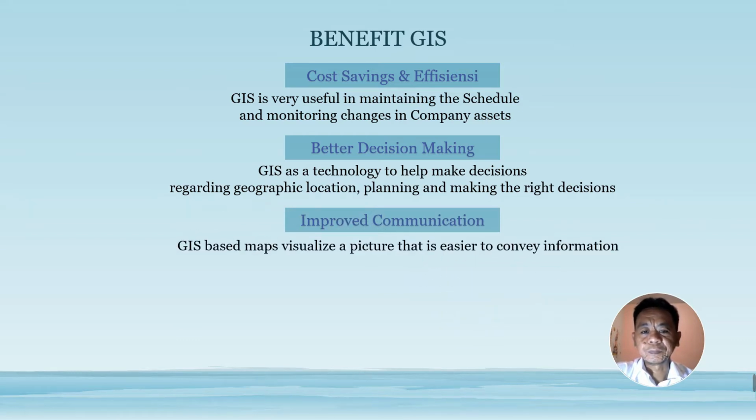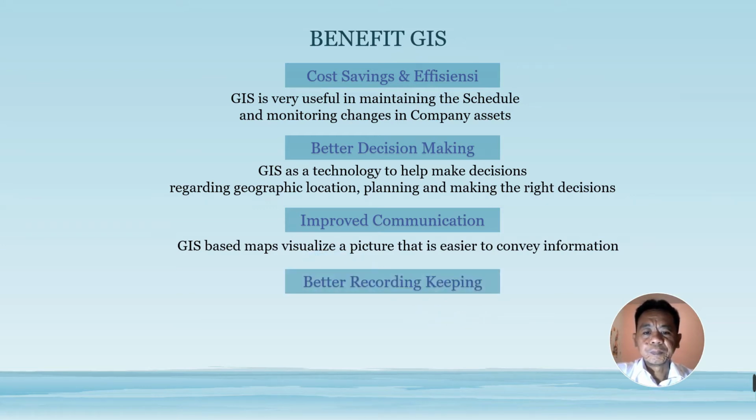GIS-based maps visualize a picture that is easier to convey information. So we can share the condition. We can send information based on map and information to others.